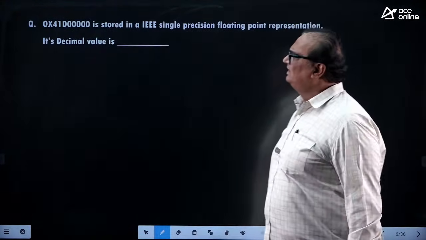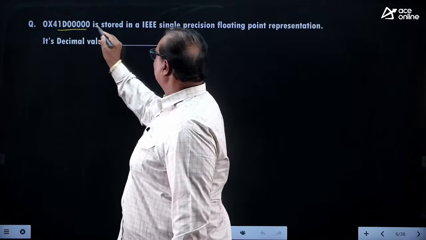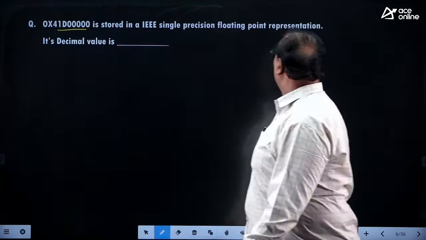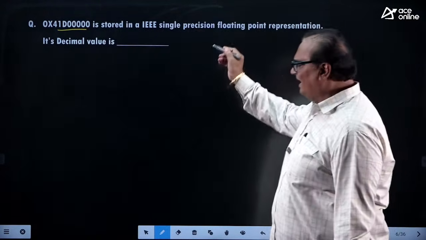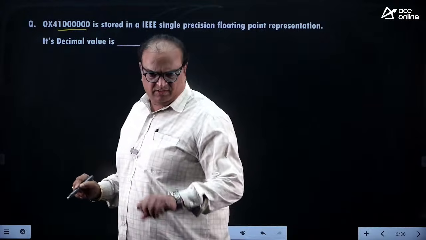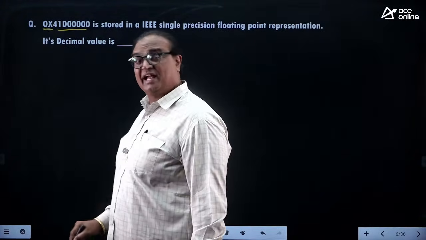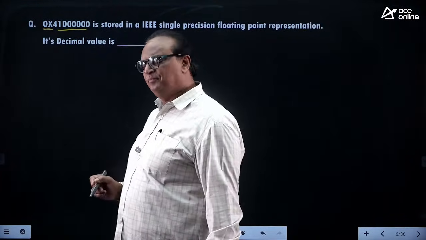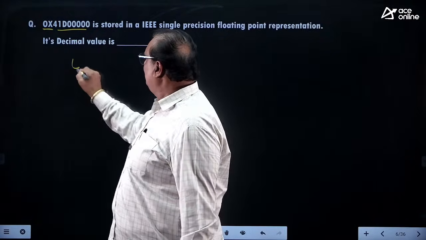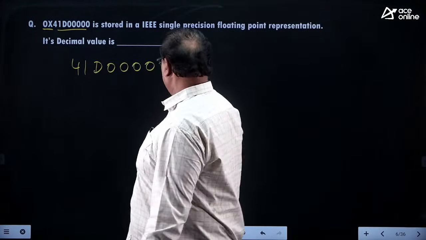Look here. 0x41D00000 is stored in IEEE single precision floating point representation. The decimal value is dash. IEEE single precision floating point representation size is 32 bit. 0x represents hexadecimal. If 0x is placed before data, the data belongs to hexadecimal: 41D00000 with base 16.